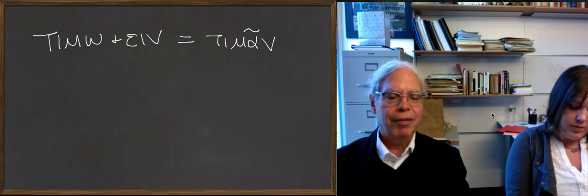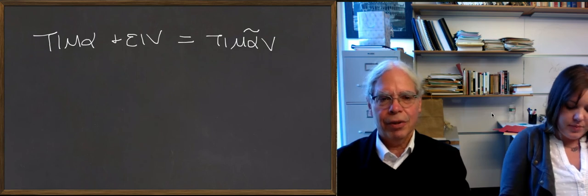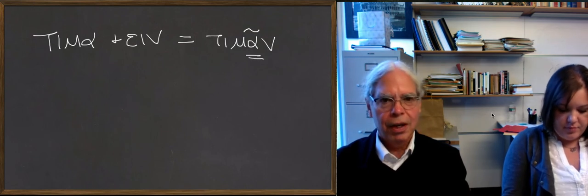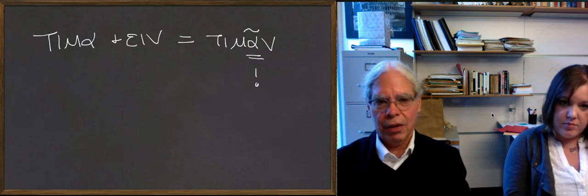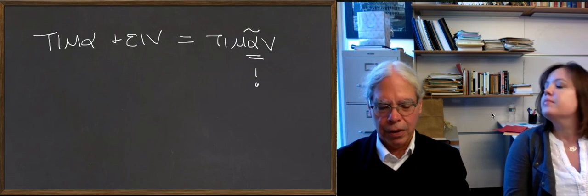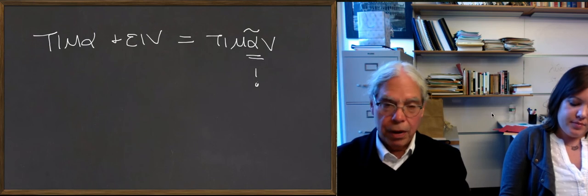So we would expect that to give timāi with an iota subscript, but there is no iota subscript. It's because that epsilon iota has a different origin than the one in the second and third person singular of the indicative. That epsilon iota is later than the one in the indicative, so it comes out different.